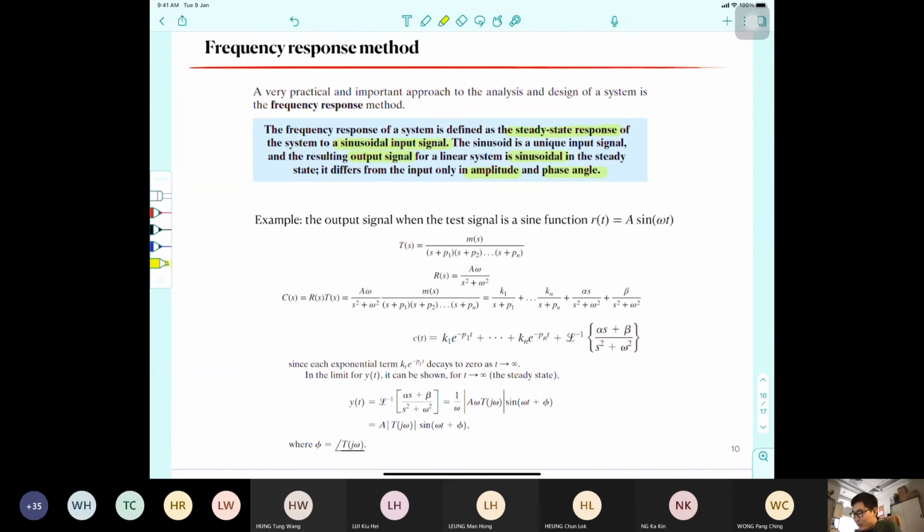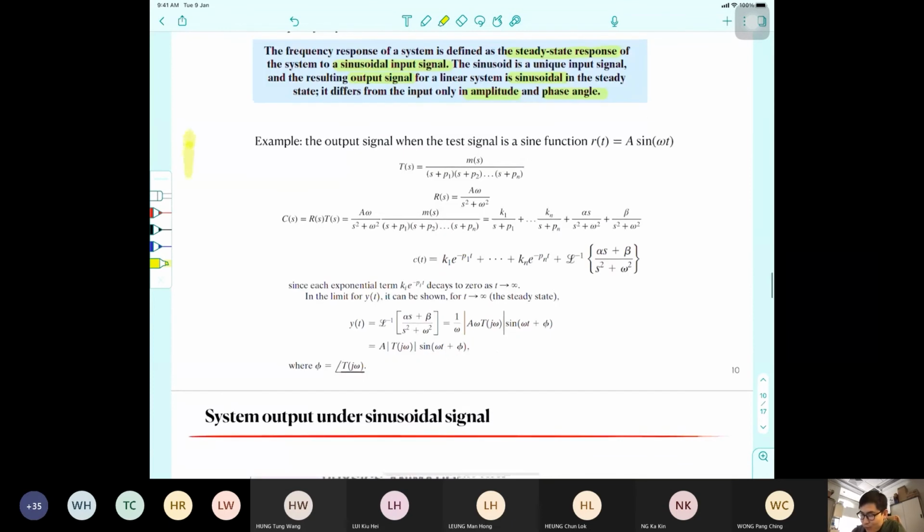What is a sinusoidal signal? Sinusoidal means sine function. Sine function we know. It behaves like this, right?